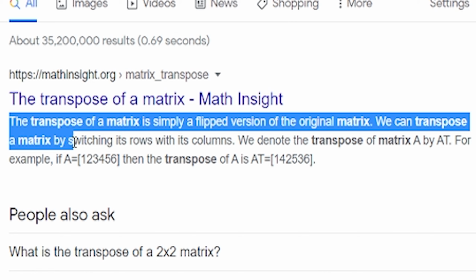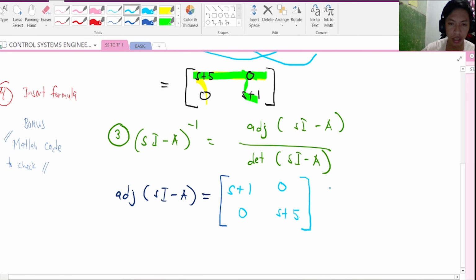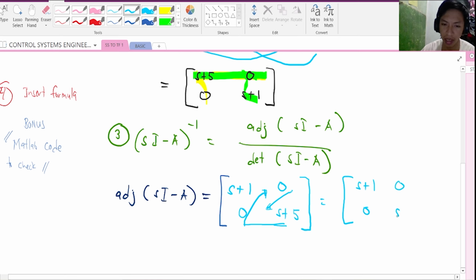With that being said, if you switch this row into a column, it would become s plus 1, and then this one would be swapped into this to 0. Okay, so now would be this row, so we're going to put it here. So 0, and then same, s plus 5. Okay, so this is a transpose.